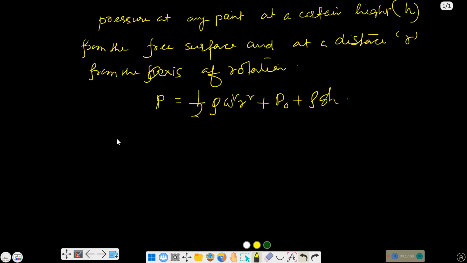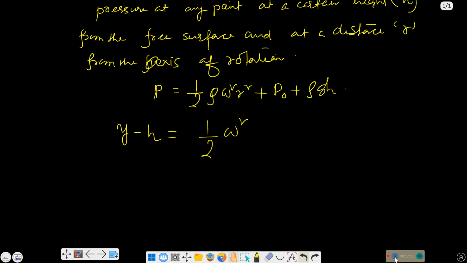And then the equation is y minus h equal to half omega square r square by g.